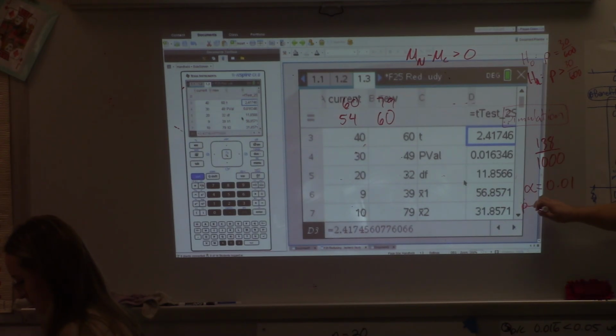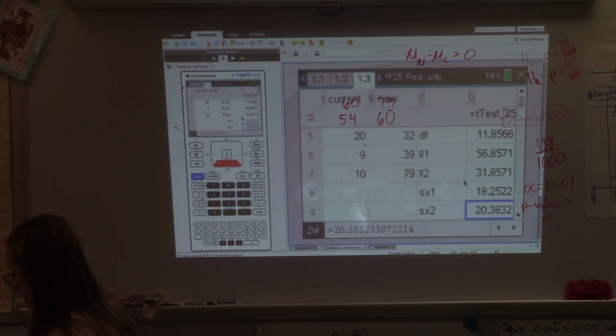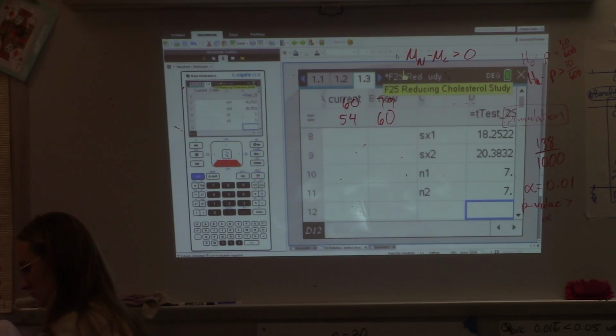Our p-value is greater than the alpha. So is it unlikely? That's a 1.5% chance, 1.6% chance, but it's not so unlikely we would reject the original assumption that there's no difference. Please notice that a calculator again is spitting out my degrees of freedom, the sample means for you to report, the standard deviations, all of that fun stuff.